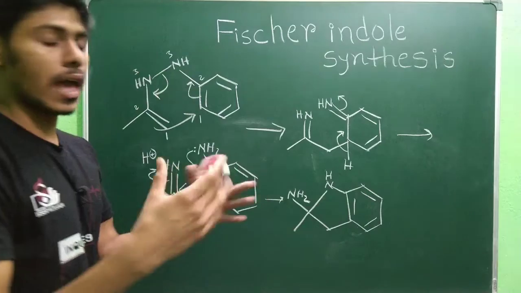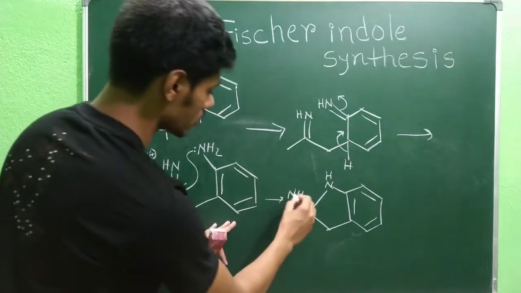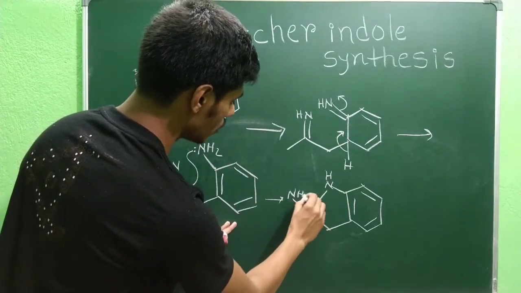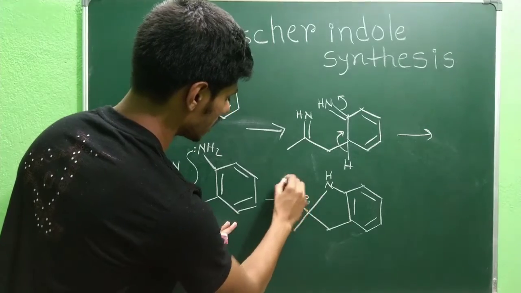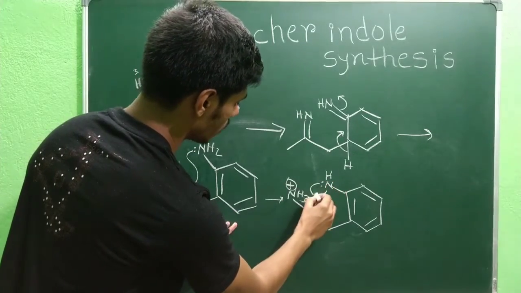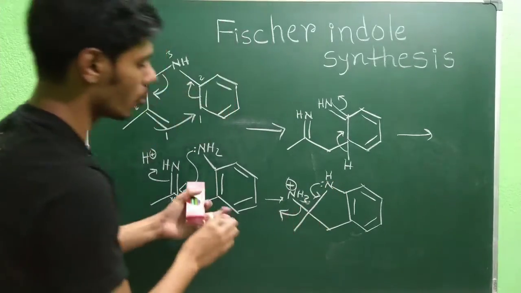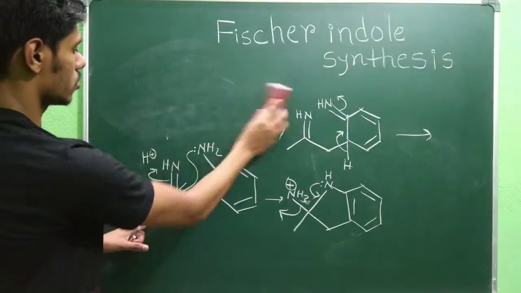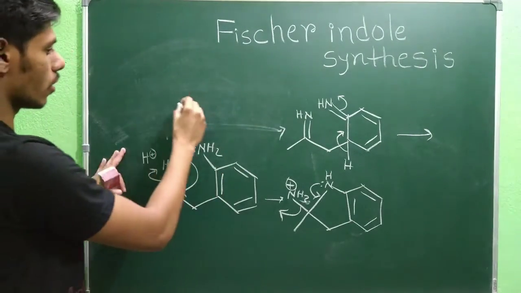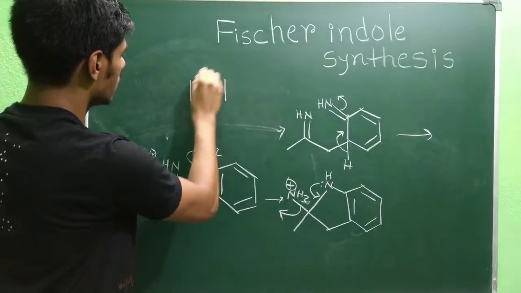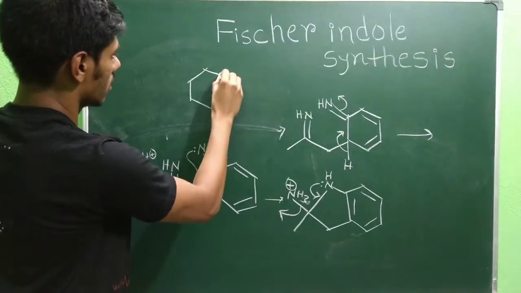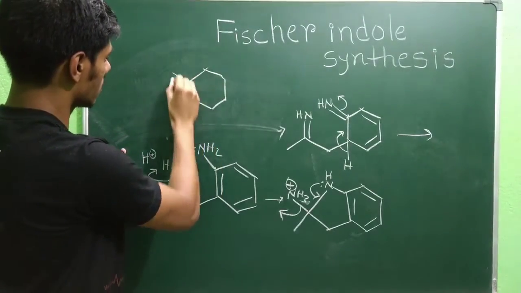Now further, as you are doing the reaction in acidic medium, this can be protonated again to form NH3 plus, and then if this nitrogen lone pair pushes, this can leave as ammonia. So here you will get this intermediate.